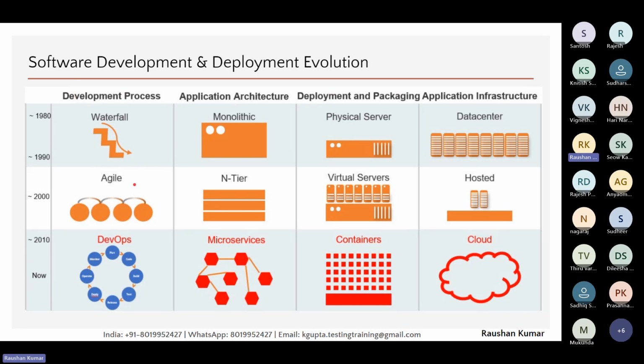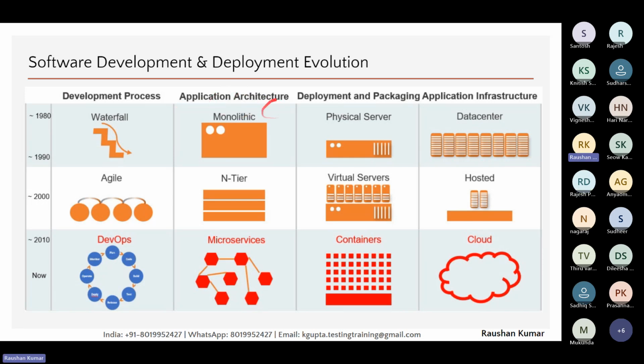I'll talk about that briefly. Now we are into DevOps. I have put the timeline here, the year ranges. We have made progress over the years. We started with waterfall, we understood why we should not stick to waterfall, we moved to agile, and then we have progressed to DevOps.